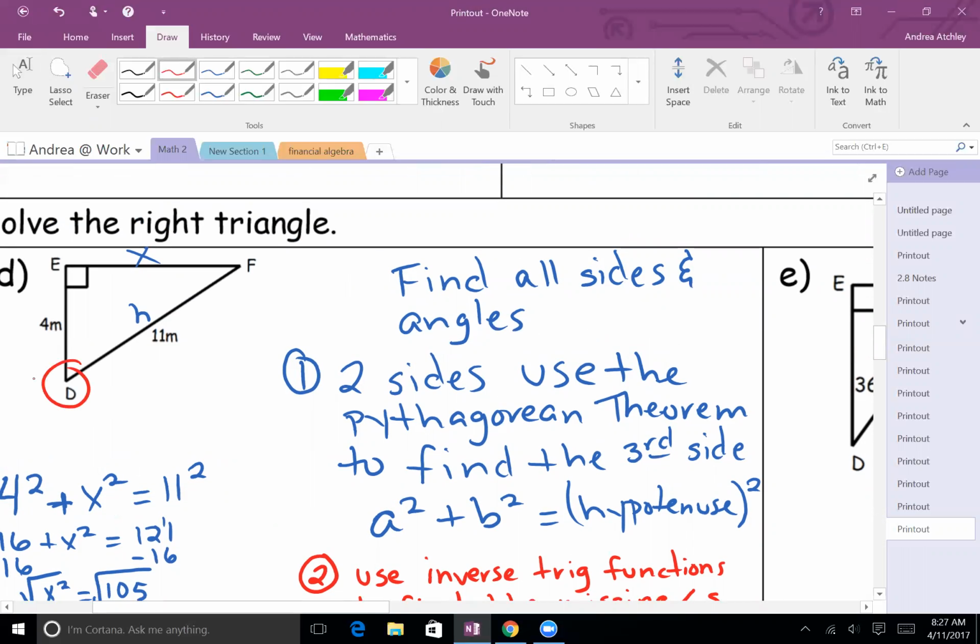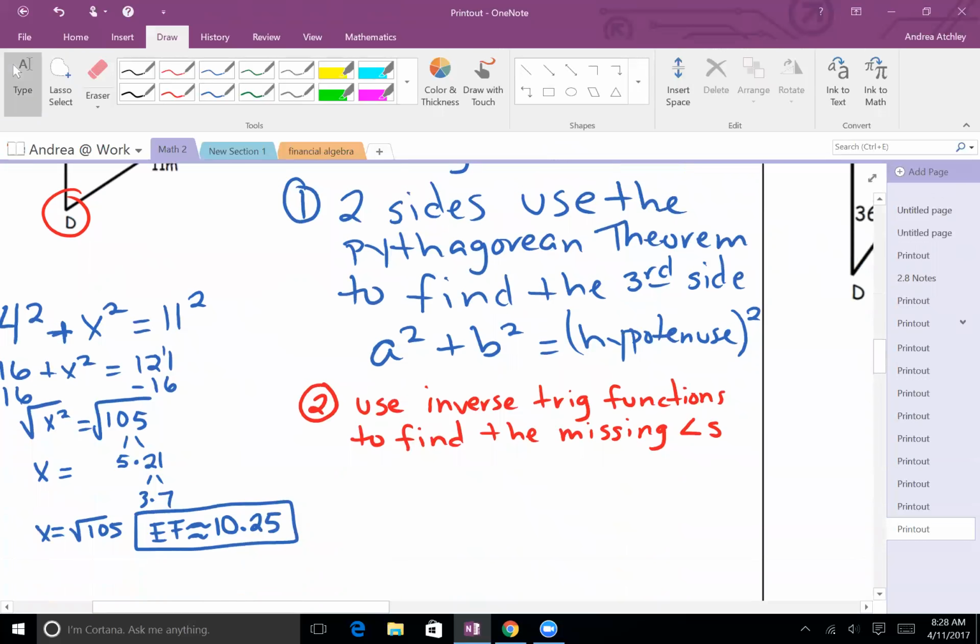We want to label. This is the opposite side. This is the adjacent side. And I already have my hypotenuse. We're all good. Now, I probably don't want to use the value that I found, 10.25, because what if that's wrong? If that's wrong, then I'm going to get any other problem I do with that number wrong.